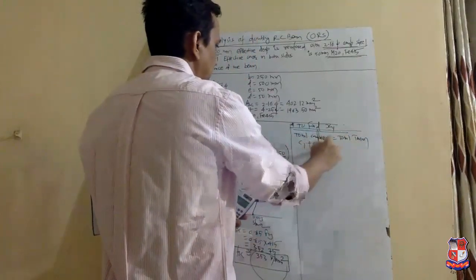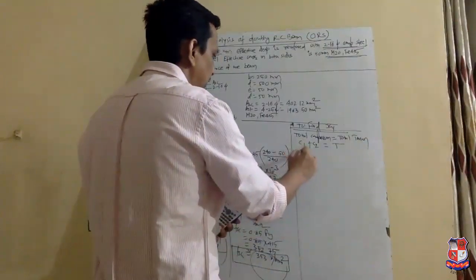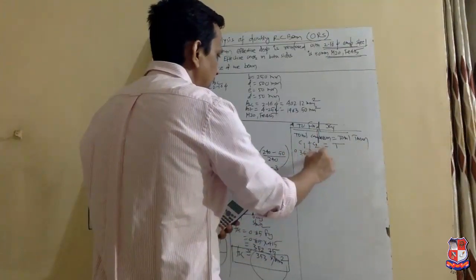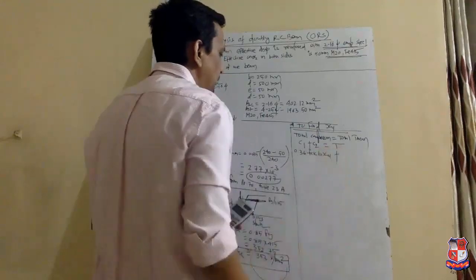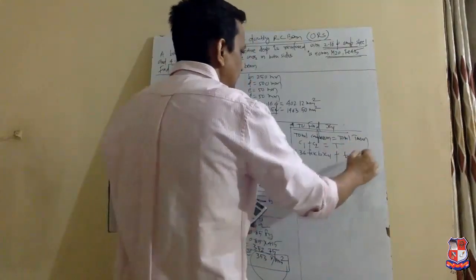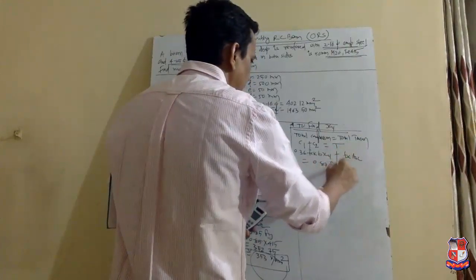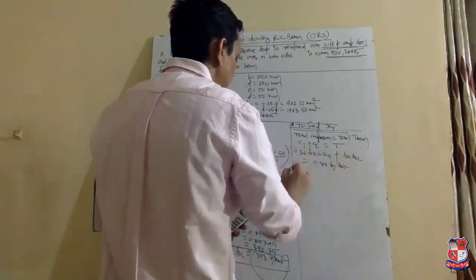Total compression is C1 plus C2, equal to total tension T. Now C1 is 0.36 fck b into xu, plus C2 means fsc into Asc, and T means 0.87 fy Ast.